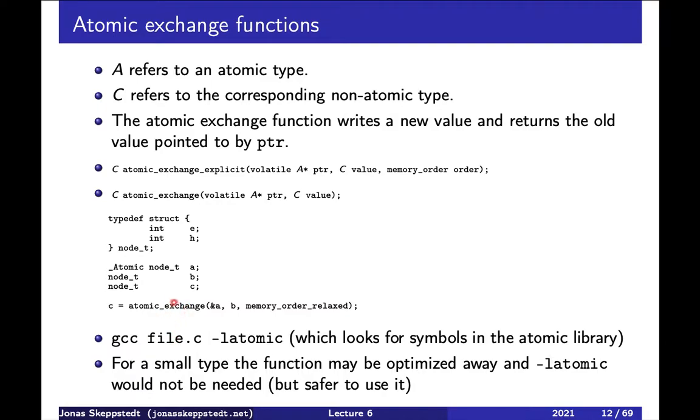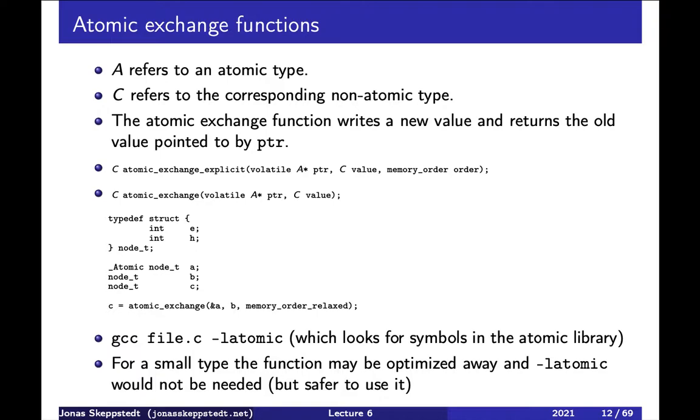If we want to use this, you may notice something odd, namely that if this struct is small, you can compile it with GCC or Clang as it is. But if this struct is big, then you need to use -latomic. And now you may wonder why.